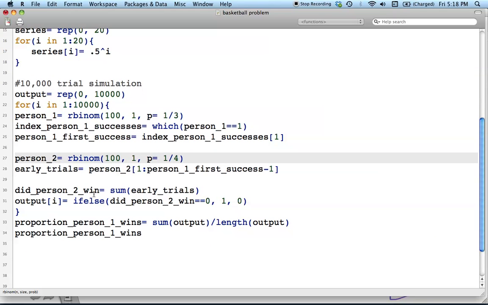Okay, so I call this next one, did person 2 win, which is going to be a sum of their own early trials. And then I want to look at that sum, and if it's equal to 0, I want my output through these 10,000 trials to get a 1, and if not, I want it to get a 0.